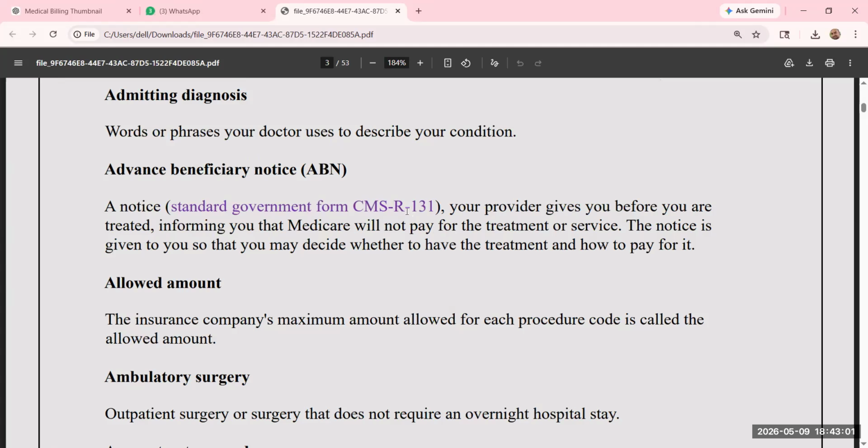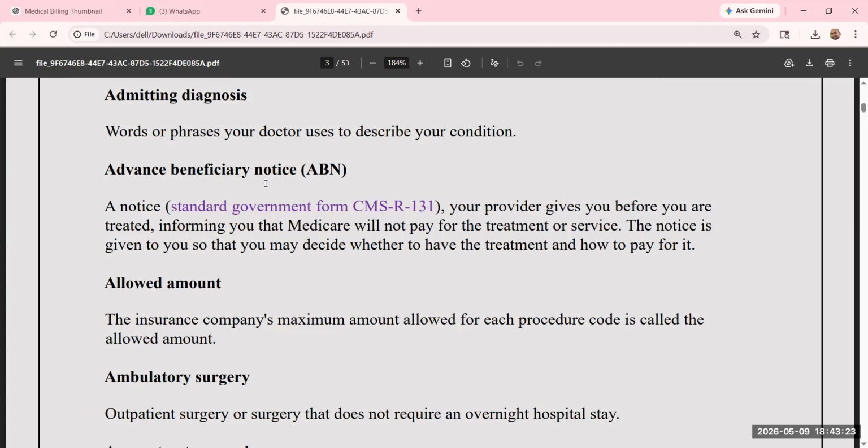So this is a notice which the provider gives to the patient about any service that is not covered by Medicare insurance. The notice is given so that the patient may decide whether to have the treatment and how to pay for it.